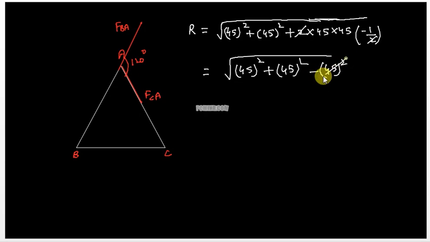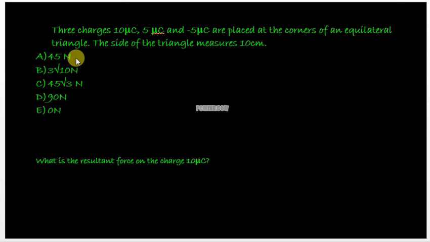So this would cancel out and you get your answer on solving the square root as 45 Newton. So that's your resultant force which acts on A, or the charge at A, due to the charges at B and C. Therefore, your correct option is A, that's 45 Newton.